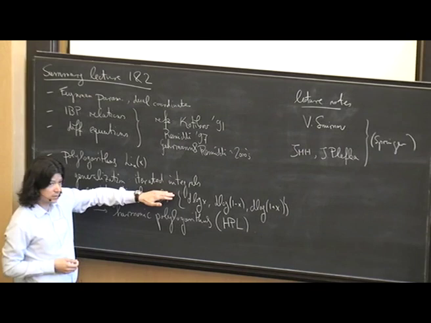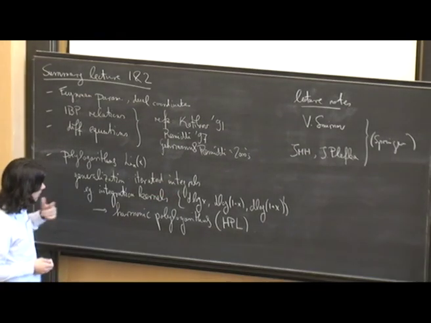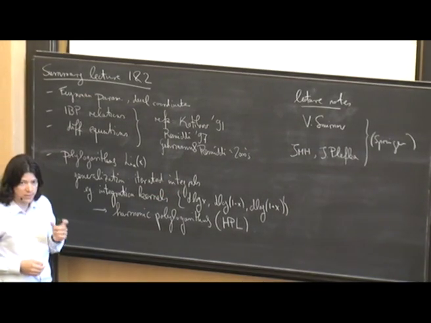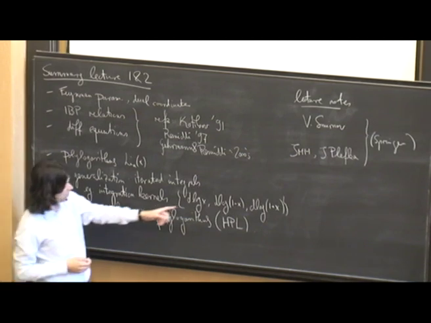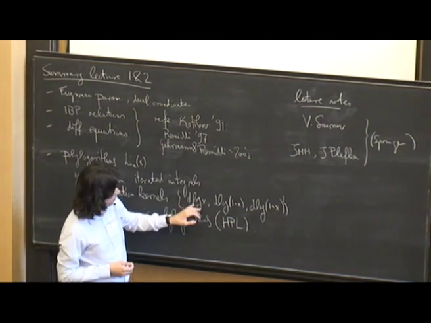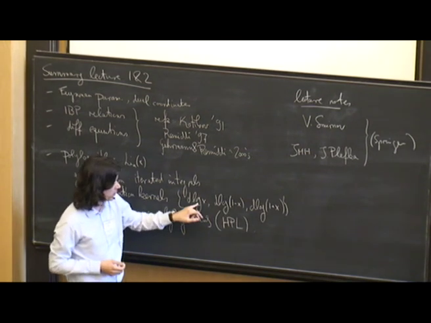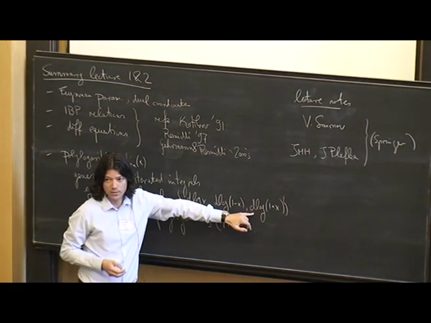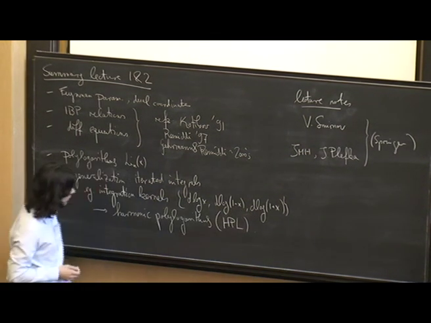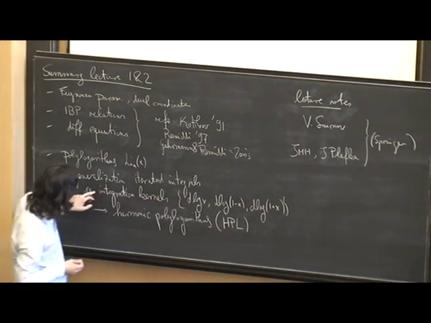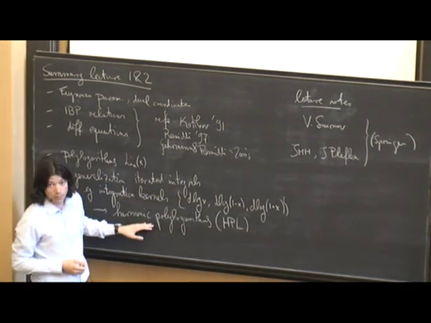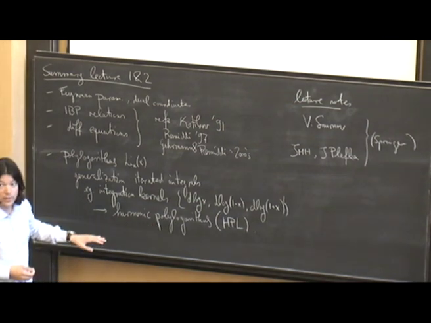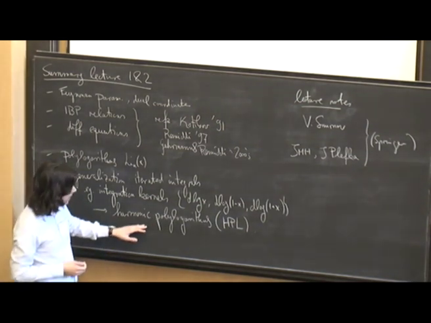Not some random iterated integrals, but iterated integrals where we iterate only a small set of specific integration kernels, which in our problem turned out to be actually only two of these, d log x and d log 1 plus x, as we saw when looking at the differential equation. And this particular set of iterated integrals is called harmonic polylogarithms.